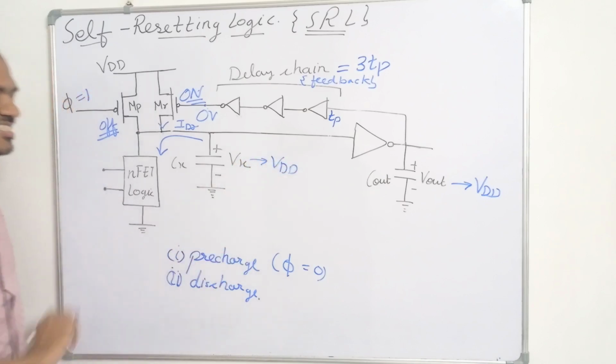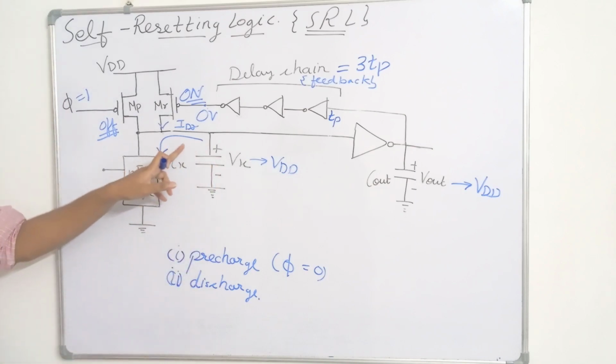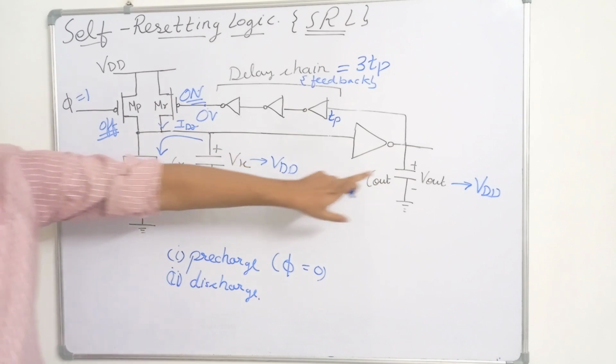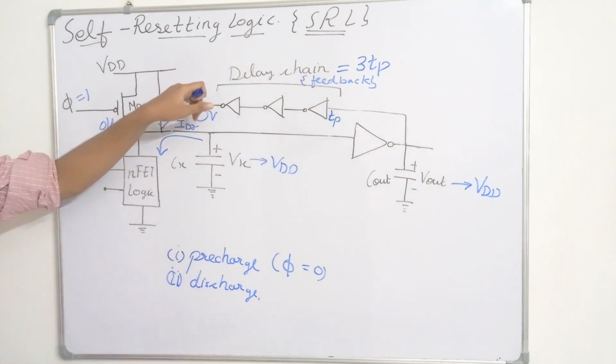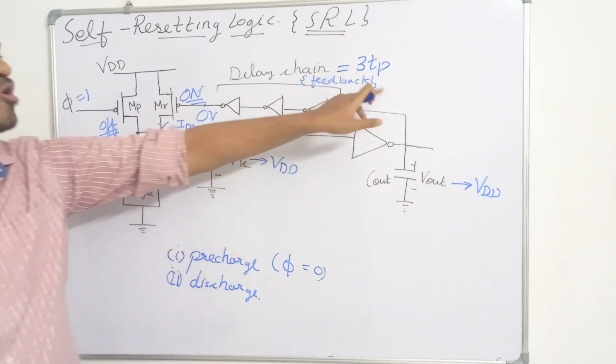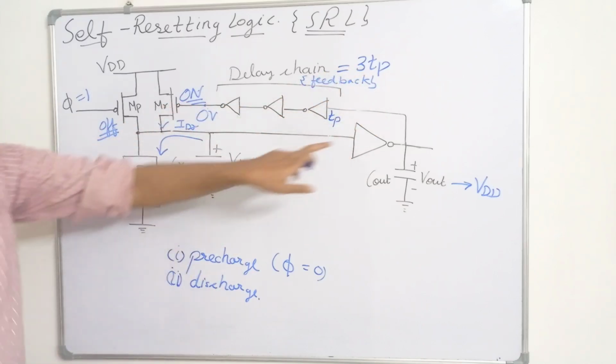So what happened in discharge is that first this capacitor discharges through this loop. Vx became 0, Vout became VDD. This transistor turned on after a delay of 3 Tp, where Tp is the propagation delay of one inverter.